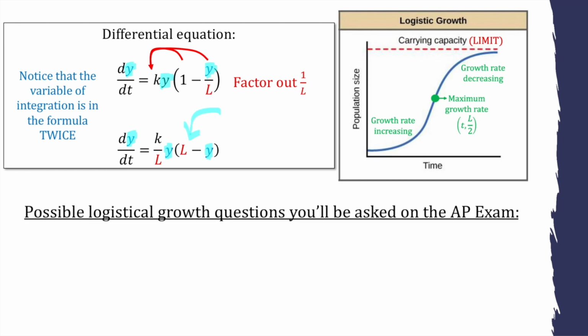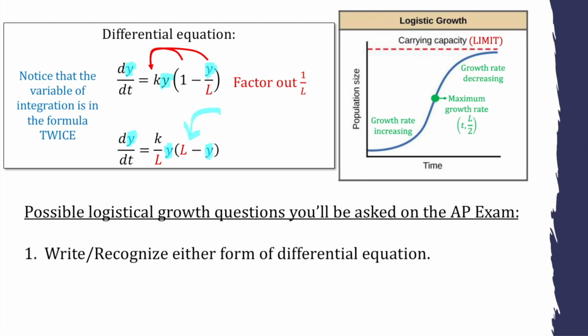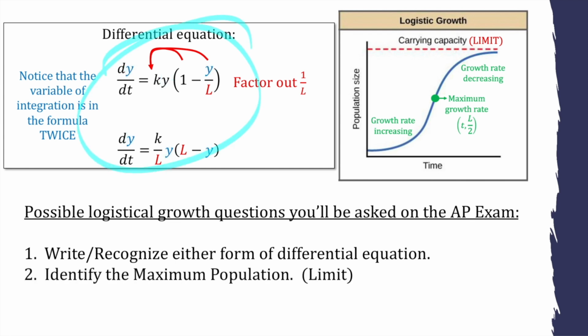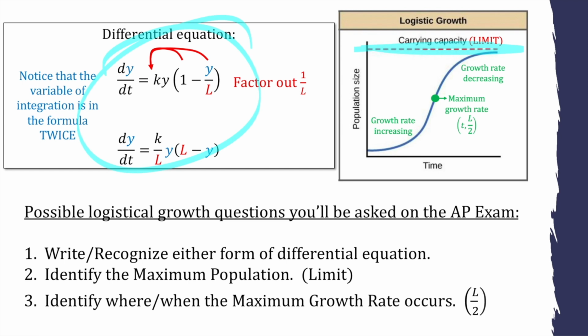If you're taking the AP Calculus BC exam, here are some possible logistic growth questions you might be asked. One, you could be asked to write or recognize either form of this differential equation. You might be asked to identify the maximum population or the limit, or you might be asked to identify where or when the maximum growth rate occurs.